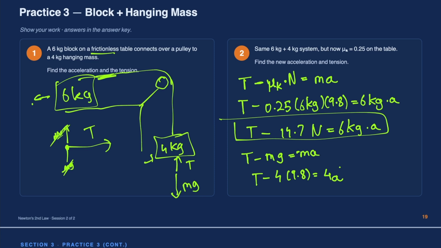So 4 times 9.8 is 39.2. So T minus 39.2 is equal to negative 4A newtons here.